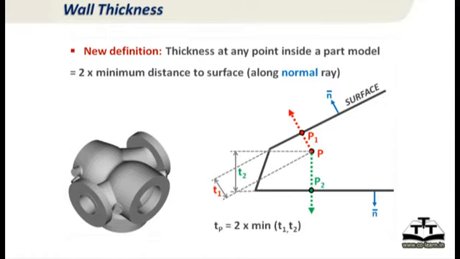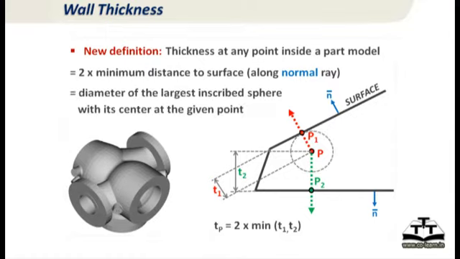It's there like that. And if you look at the other direction, let us say you are walking from P to the other side, the green distance is more than the red distance. So between the 2 I take only the minimum value. What I am saying is, 2 into the minimum distance along the normal in 2 directions. So there are 2 normals, 2 distances, between them the smaller one is the red one, which is T1.